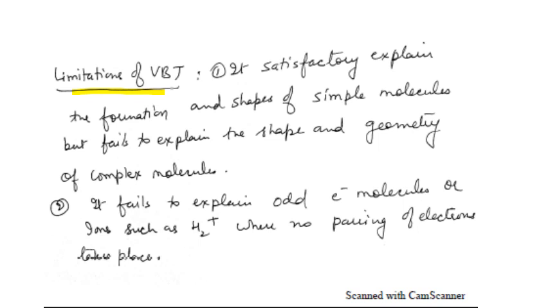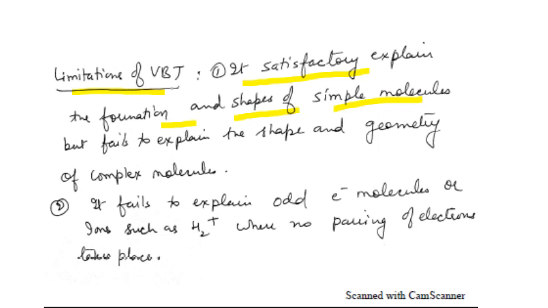The first limitation: it satisfactorily explains the formation and shapes of simple molecules, as VBT succeeds in explaining the hydrogen molecule and molecules having two of the same or different atoms.